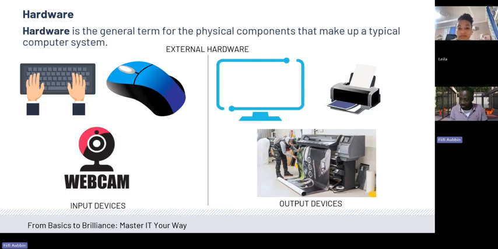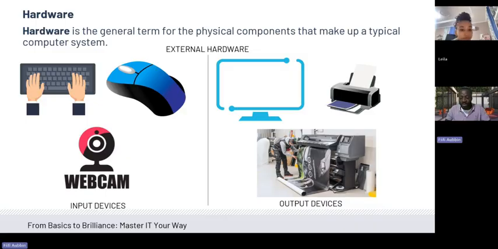Does that make sense? Yes. Good. All of these are external to the computer system. So the external hardware devices, we can group them under input and what? Output. Does that make sense?